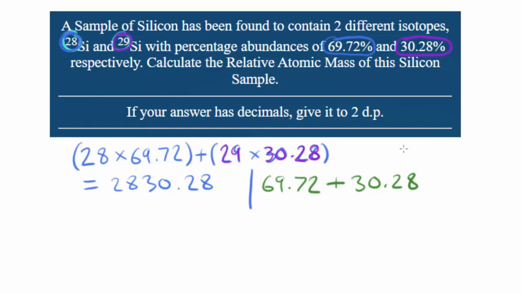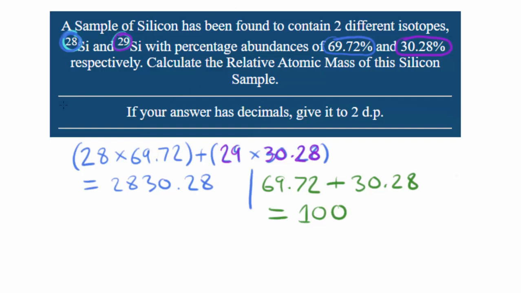As you may be aware, the percentage abundances can add up to 100, and I mean in general, not specific to this question, but sometimes they add up to a number which is not 100, and this is why it's important to check. In this case, if you do this calculation, you will find that it does add up to 100. And so this number here, which as you know came from this, we need to divide that by 100, right?